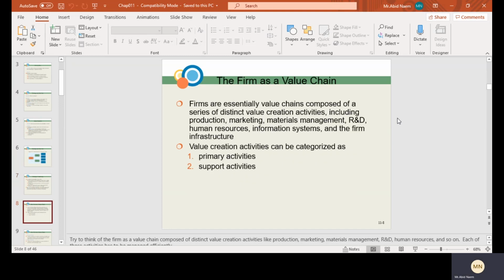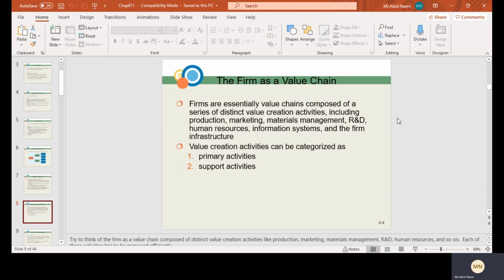Consider the firm itself as a value chain. Firms are essentially value chains composed of a series of distinctive value creation activities, which should include but not be limited to production of the products, marketing of those products, and materials management: raw materials, supplies, equipment, machinery, and most importantly, research and development work, followed by human resources, information systems, and the firm infrastructure as a whole.